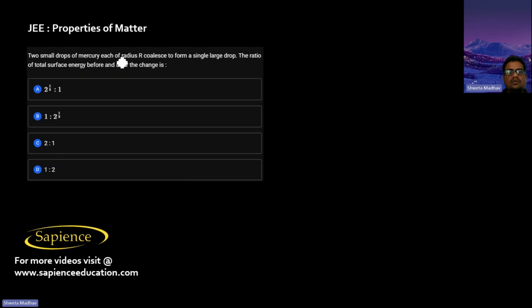Here it is told two small drops of mercury, each of radius r, coalesce to form a single large drop. The ratio of the total surface energy before and after the change.